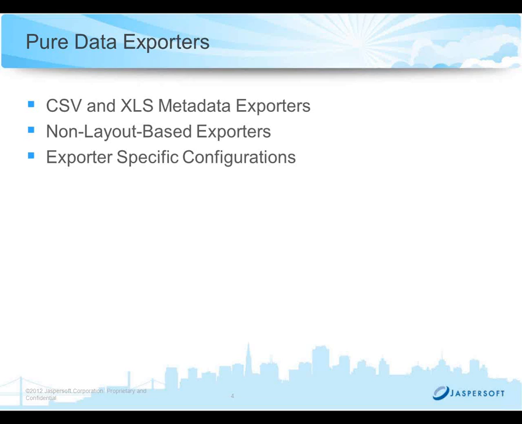However, these Excel exporters that we always had in JasperReports were created by trying to stay true to the goal of JasperReports as a document generator, which was to make the documents look and feel the same across all the document formats that we support. So basically, when you export the report to PDF, you can be sure it will look exactly the same when you go to Word, or it will look exactly the same when you export to HTML. And this was actually true for Excel as well.